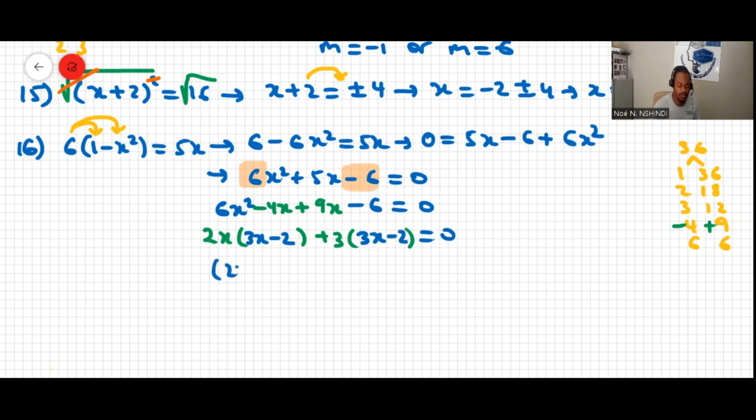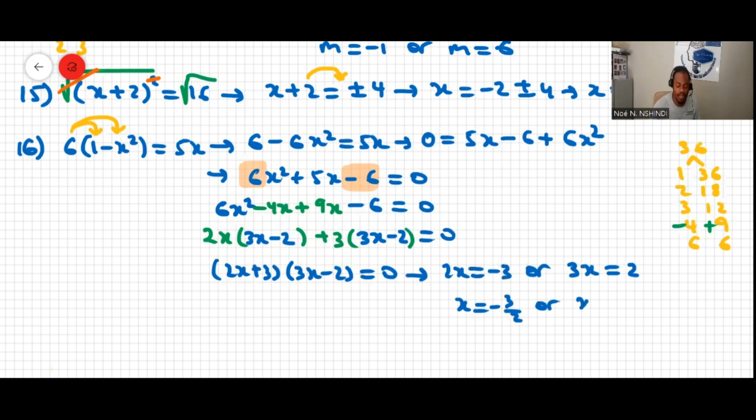Then this can be 2x plus 3 and 3x minus 2 equals 0. Then this means 2x is -3 or 3x equal 2. Then divided by 2 and 3, this will be x equal to -3 over 2 or x equal to 2 over 3. That was question 16.